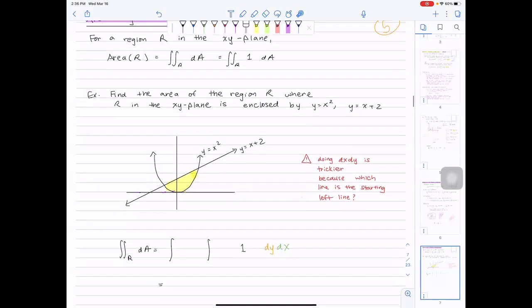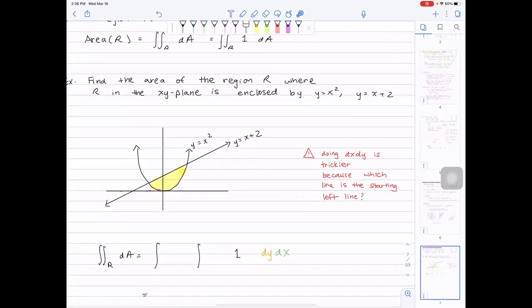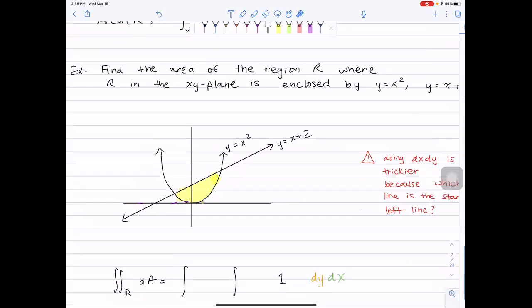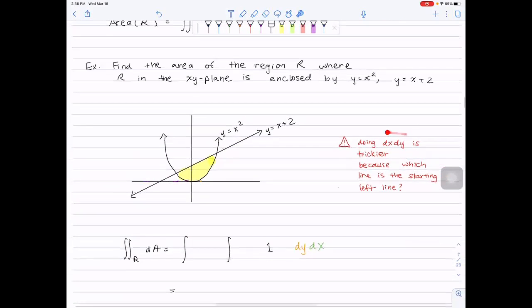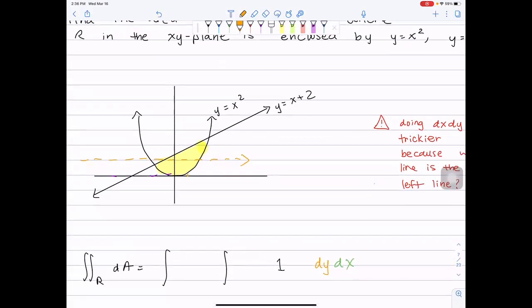Okay, so for this one, if we're doing a double integral, I wrote here in red that we don't want to do dx dy. The reason is that if we do dx dy, first we draw a line in the increasing x direction. That would be this orange one, or it could be this second orange one.